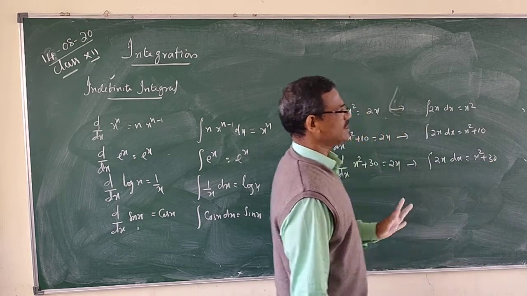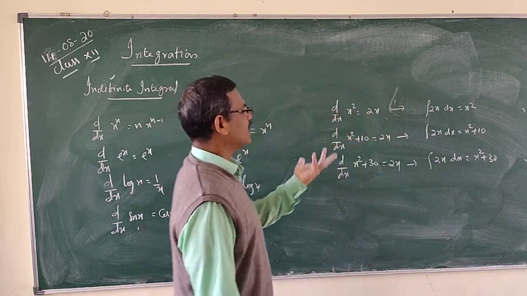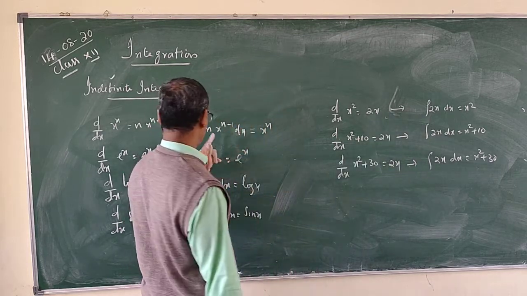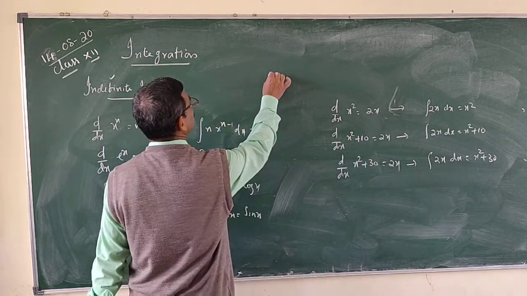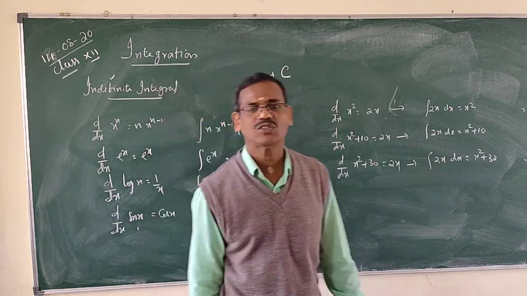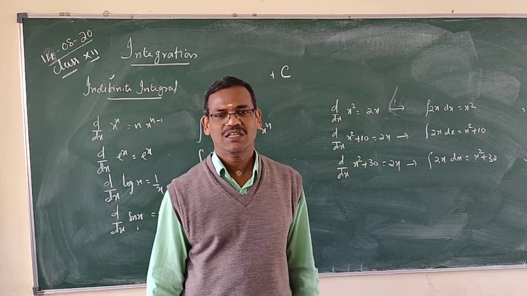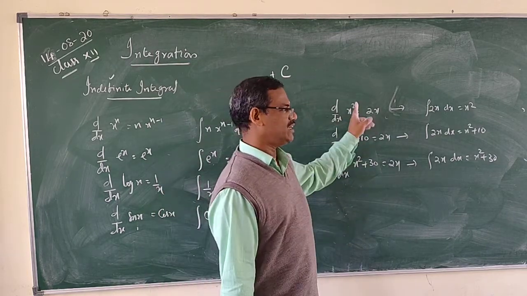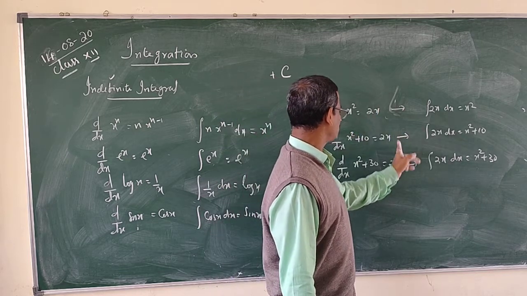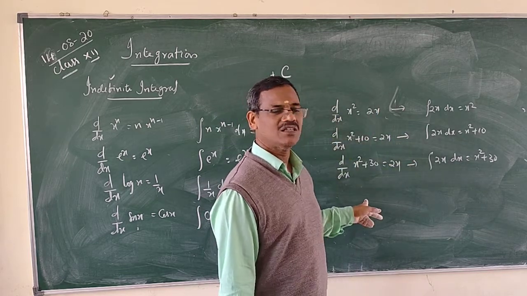So what we do is, after integrating, because we don't know what is to be written, after integrating using the formula, we put f plus c, a constant, and this is called the constant of integration. The reason is this: when differentiating, you get the answer 2x in all these cases.